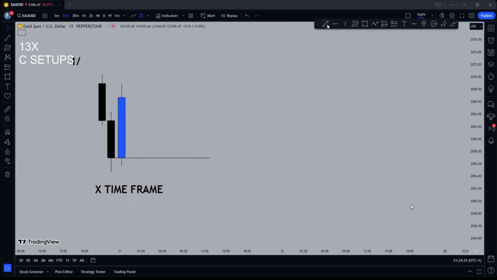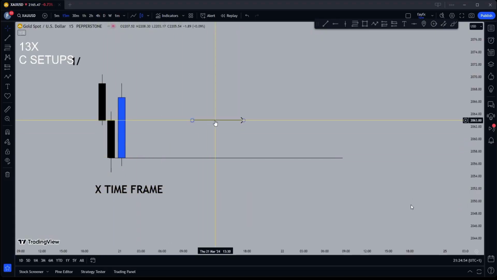And when we go to a lower time frame, what are we going to find? We are going to find classic CC at the same level. Imagine that we have a classic at 1 hour.